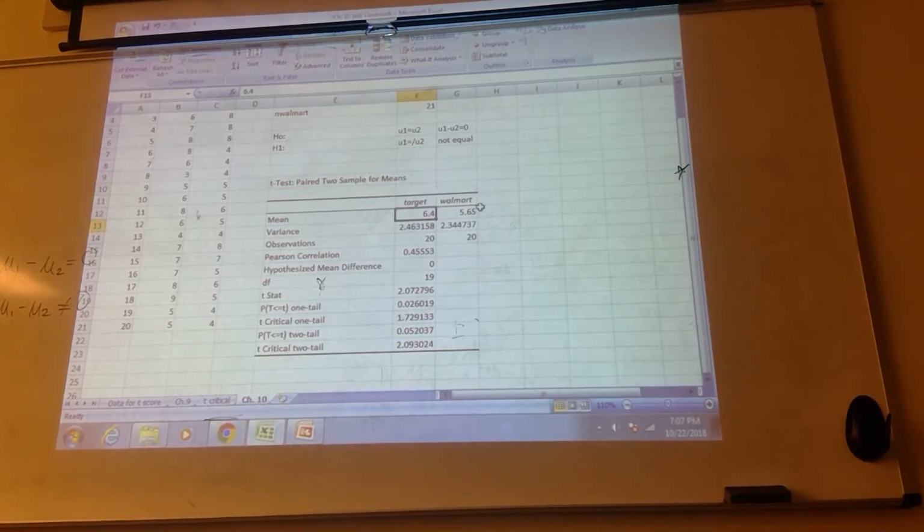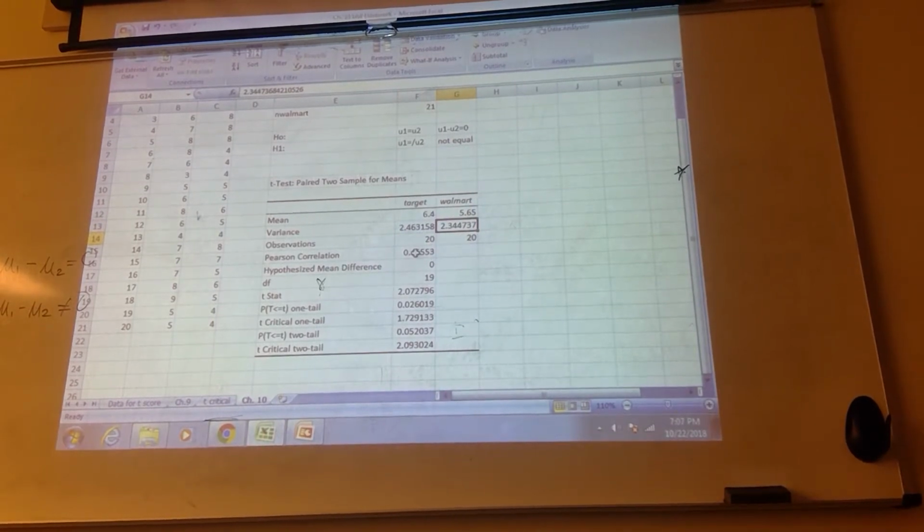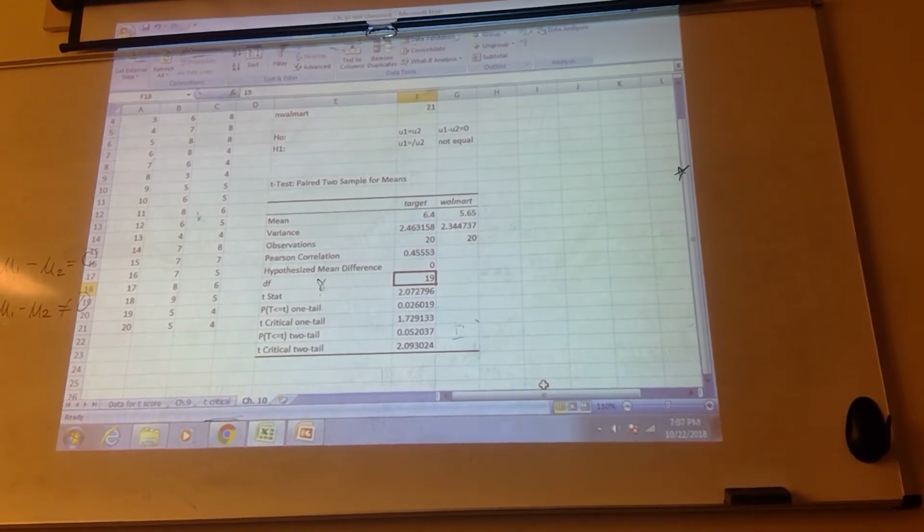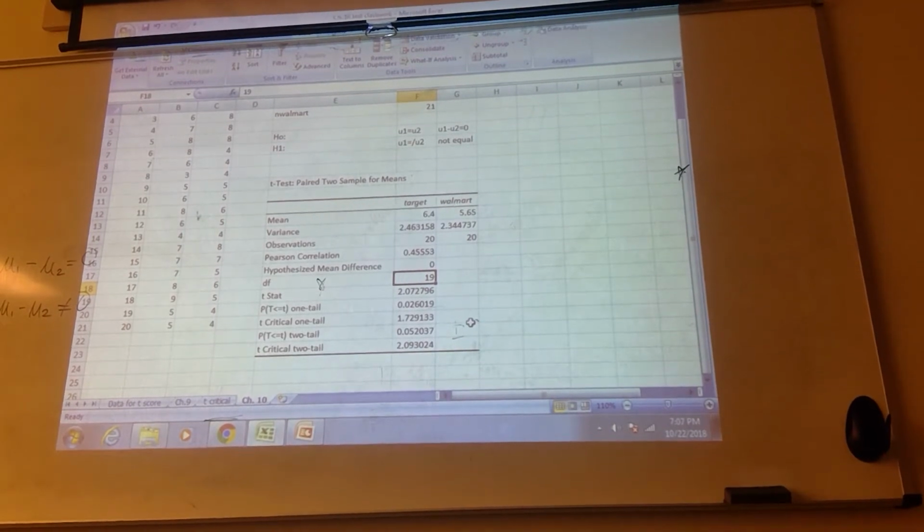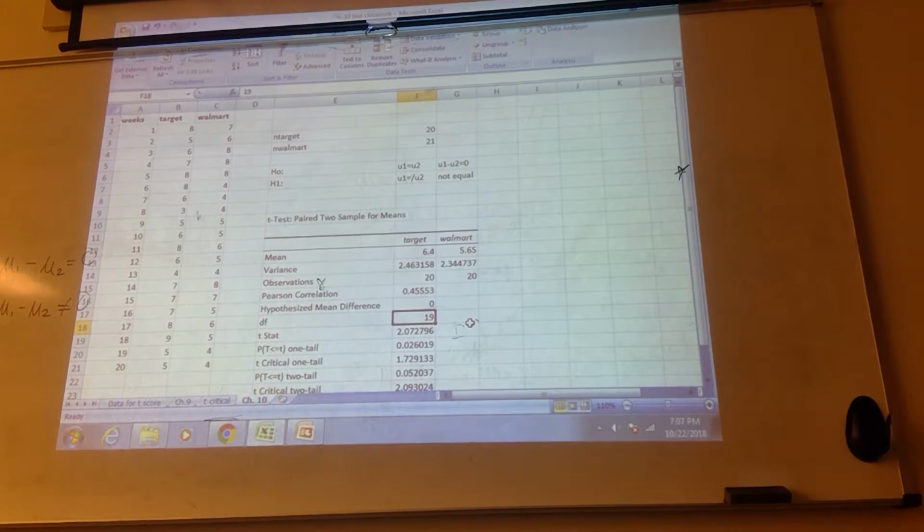Notice our mean, we have different variances. Don't worry about this Pearson correlation, but notice the hypothesized mean difference is 0. Notice our degrees of freedom, it's 20 plus 20 minus 2. Wait, it's 20 minus 1.